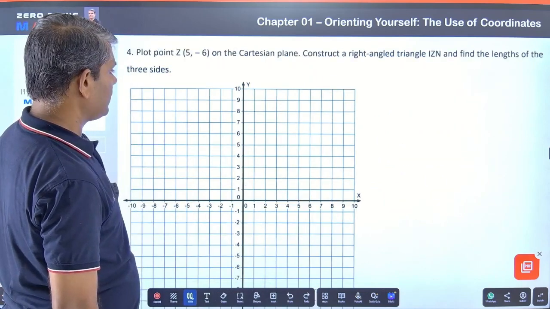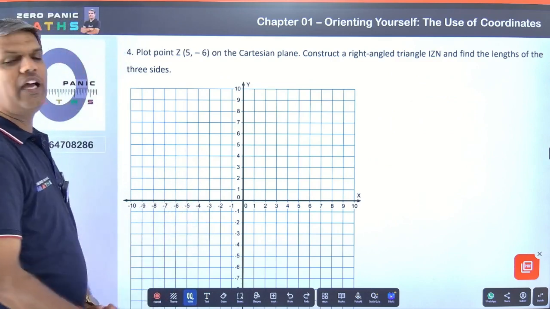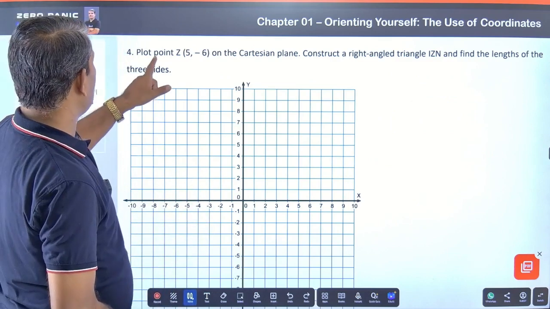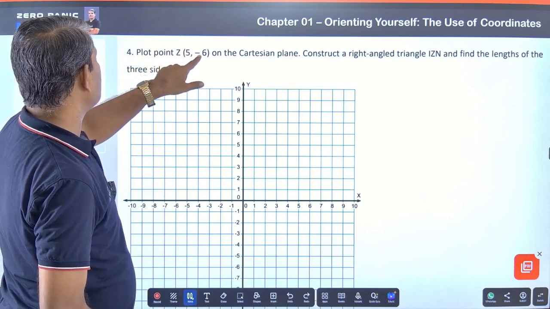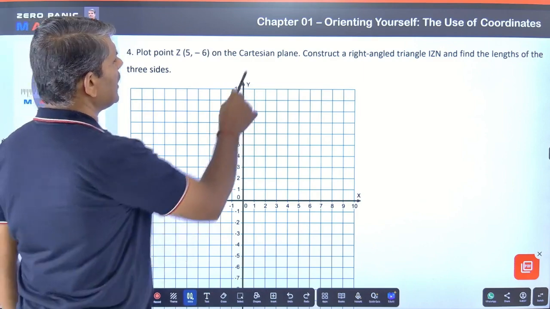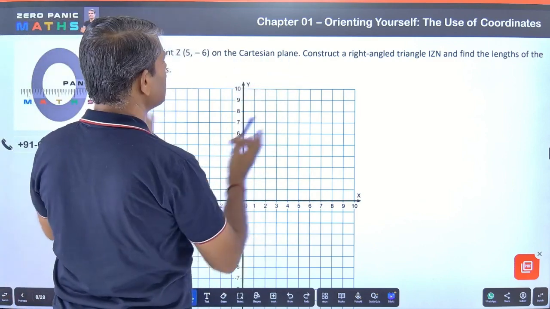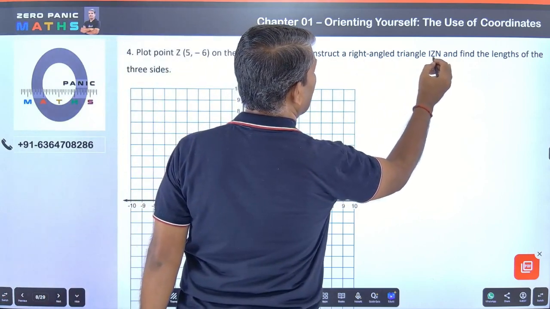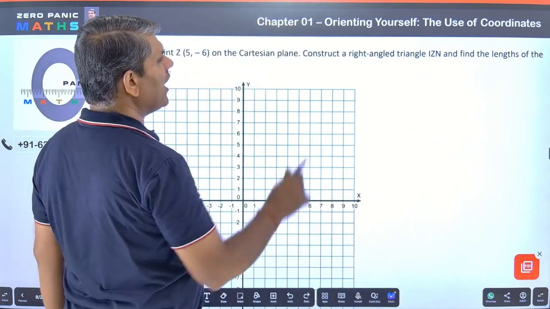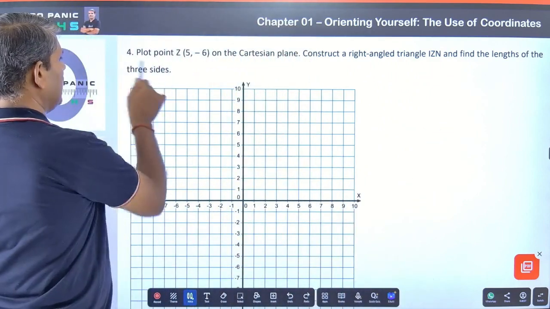Okay, now we are moving to the next problem. Problem number 4. Plot point Z (5, -6) on the Cartesian plane. Construct a right angle triangle IZN and find the lengths of the three sides.